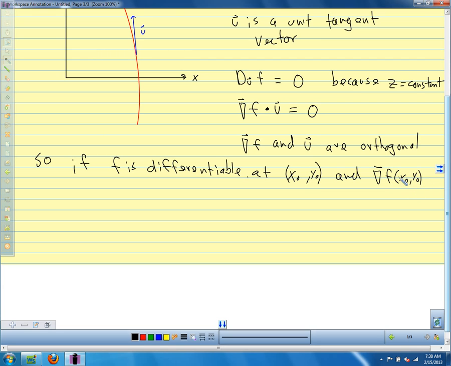Because if del f is 0, then our directional derivative is 0 no matter what. Then del f at that particular point, at x0, y0, is normal to the level curve through that point.